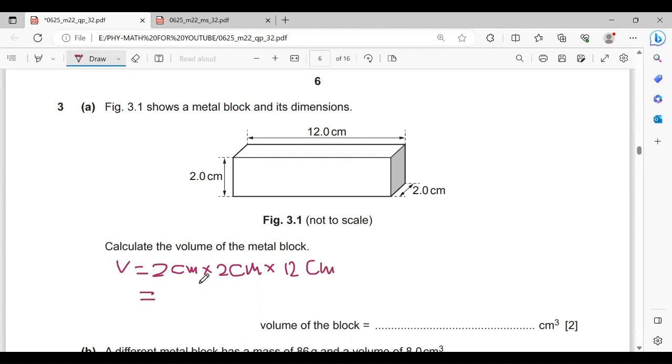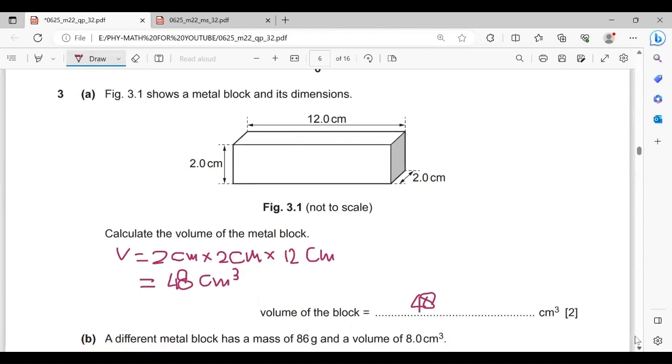So it becomes 48 centimeters cube. The answer here is 48. Okay. Next.